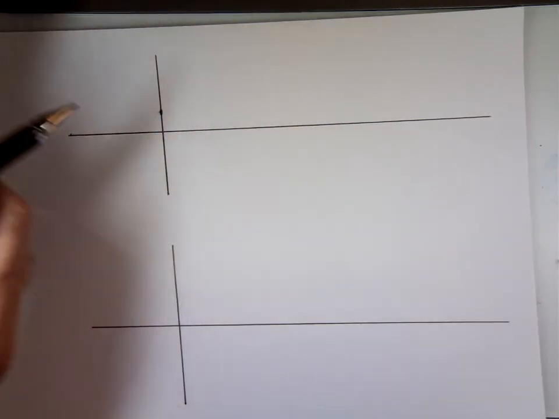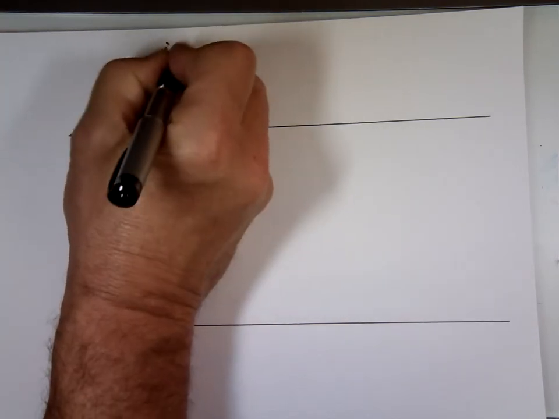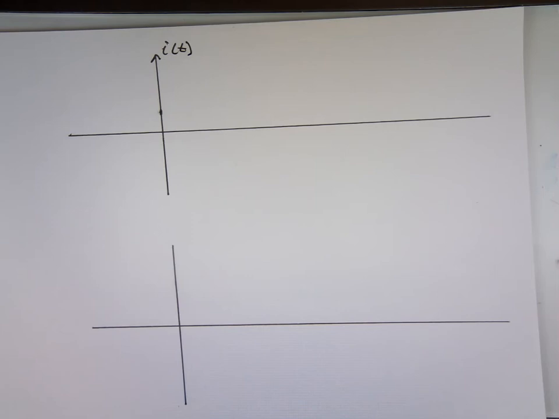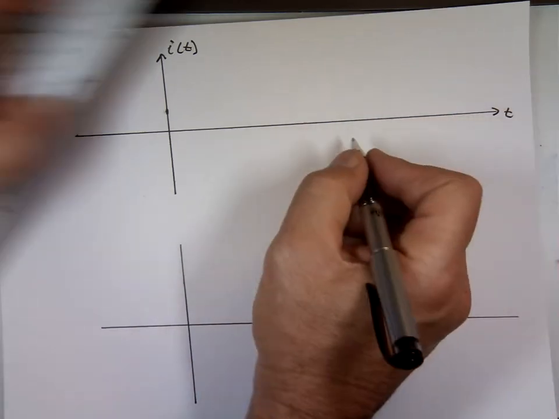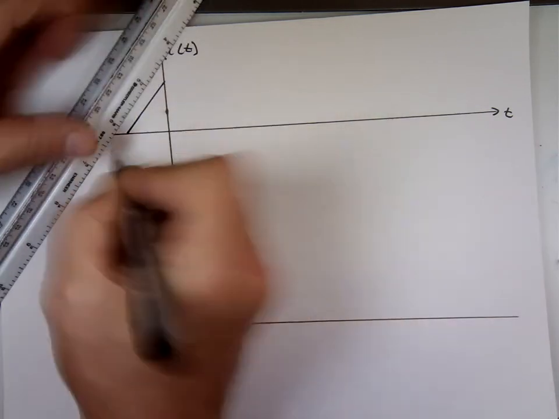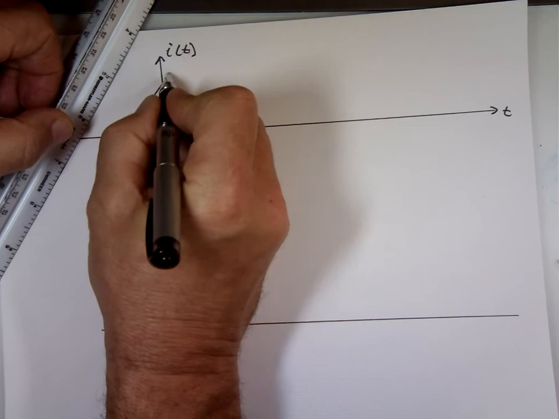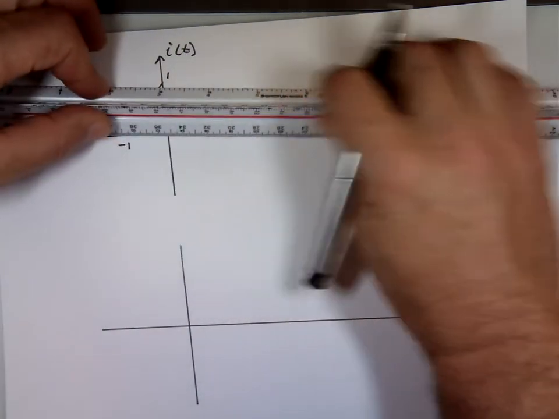Let's say that this is the current, I. This is the time, t. And my current looks like this. This is -1. This value is 1 here. Then it stays 1 for a while.